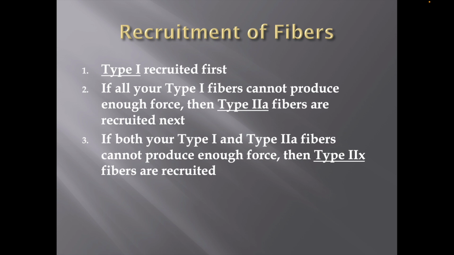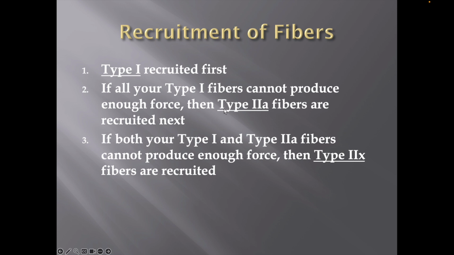So if we recruit all the type 1 muscle fibers and we're still not able to produce the force needed to produce the movement, then we have to move up to the next level of muscle fibers to recruit them. So if type 1 muscle fibers cannot produce enough force, then the type 2A muscle fibers are recruited next. Okay? And we'll try to recruit as many type 2A muscle fibers as needed to produce enough force.